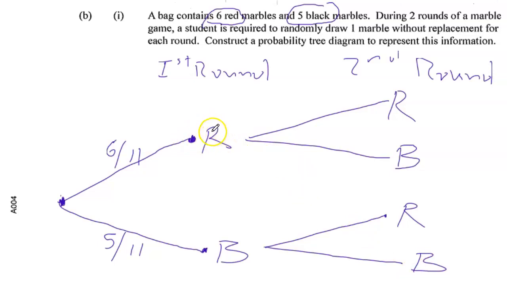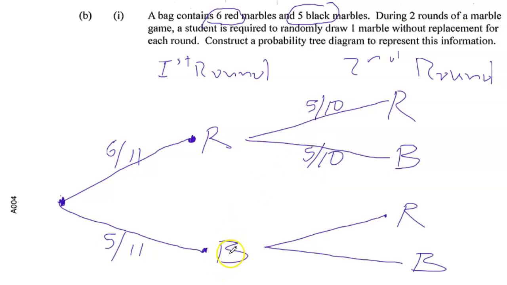If the first marble was red, we have 5 red marbles remaining without replacement. So now it's 10 marbles because the first marble was not replaced. So 5 out of 10. And since the first was red, we still have 5 black. So it's 5 out of 10.